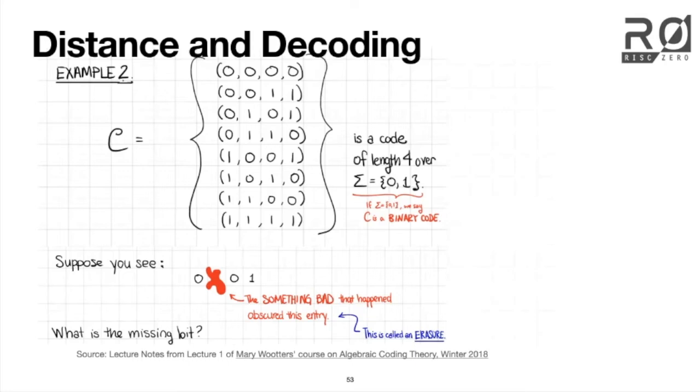Bob is able to look at this, and because Bob knows the code, or knows the contents, Bob knows these 8 valid code words, Bob can look at this and say, oh yeah, I can figure out what that missing bit was. That missing bit, well, if it was a 0, then it wouldn't have been in the list. So the missing bit must have been a 1. Does that track?